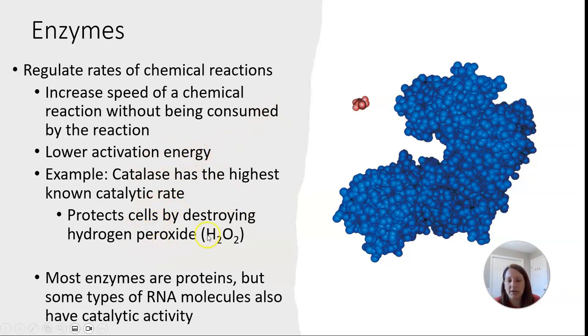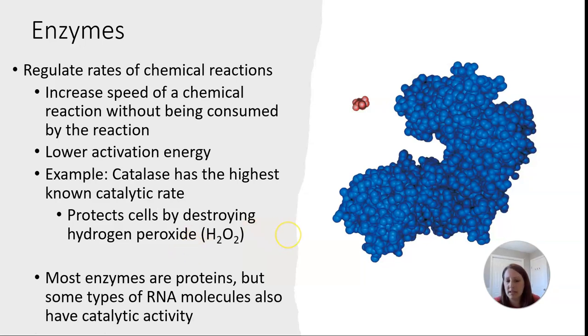So hydrogen peroxide is H2O2, and catalase will facilitate it breaking down into water and oxygen. Hydrogen peroxide is nasty. It can be toxic to our cells. It can cause tissue damage. And so this enzyme is responsible for destroying that, which is a detoxification.